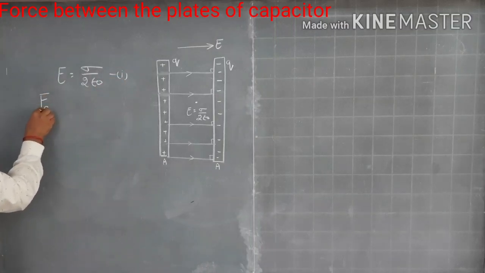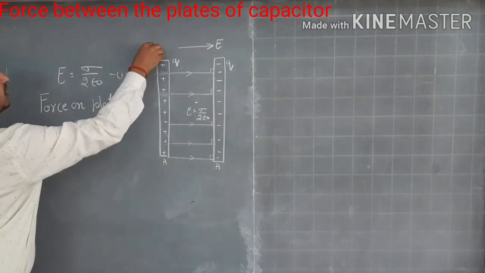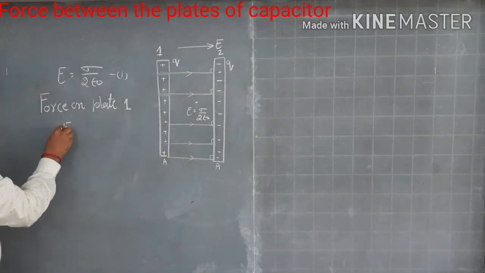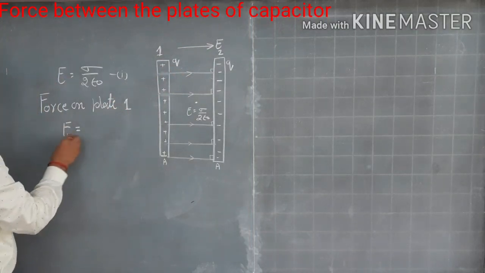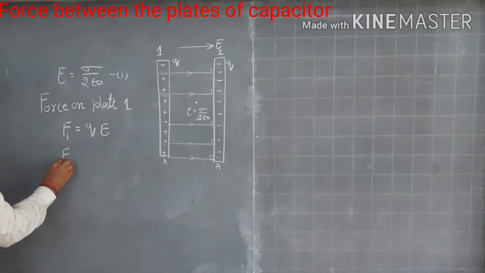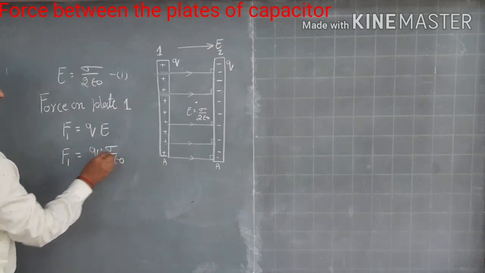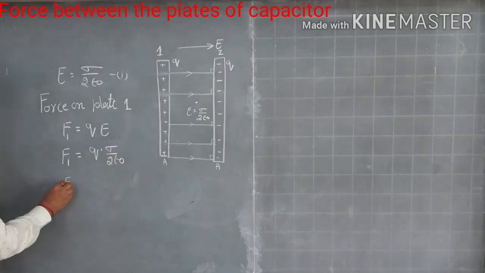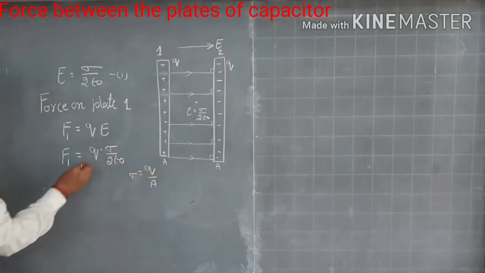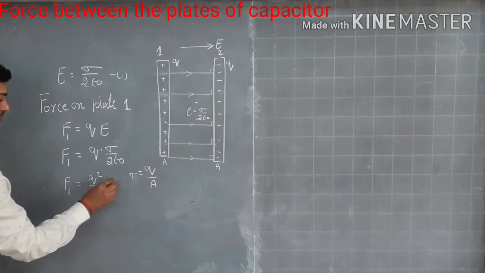So the force on plate 1, say this plate is 1 and this plate is 2, can easily be calculated by applying the formula force equals charge multiplied by field. If I put the value here, I get Q times sigma by twice epsilon naught, and since sigma is charge divided by area, on simplifying we get F1 as Q square by twice A epsilon naught.